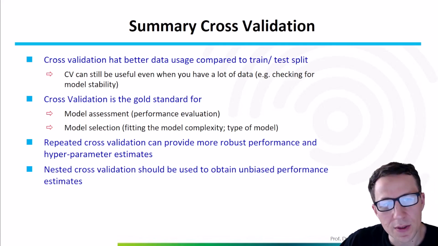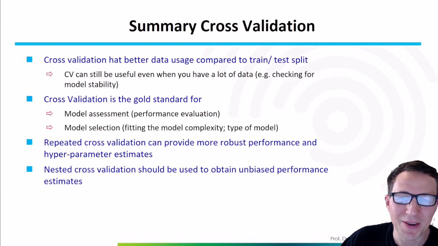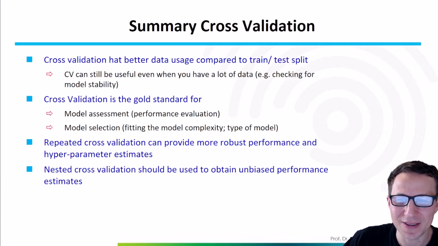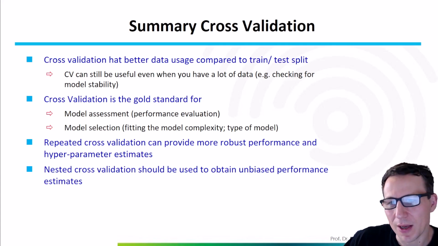For instance, you could use it to check for model stability, because whatever you do in statistics, if the outcomes of your analysis change dramatically with minor changes of your input data set, then your results might not be very reliable. Cross-validation gives you these standard errors, and it can be very useful to look at that.